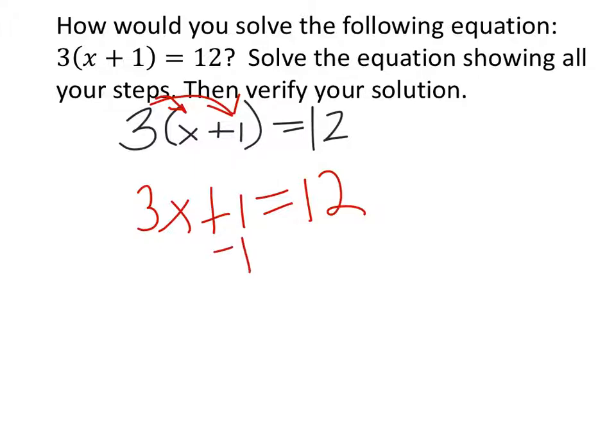And then you subtract the 1 on both sides, and that equals 11, and then you divide the 3x by 3, so you just have x left here. You have to divide 11 by 3. No, keep going, you're good. And that is some decimal. We'll leave it as a fraction for now. That's very good. Would you prove the fraction answer?